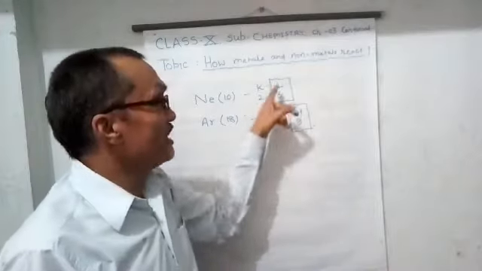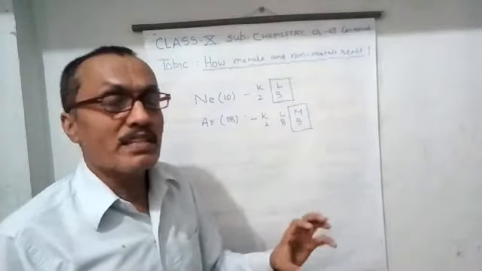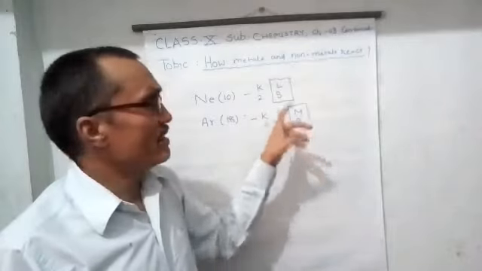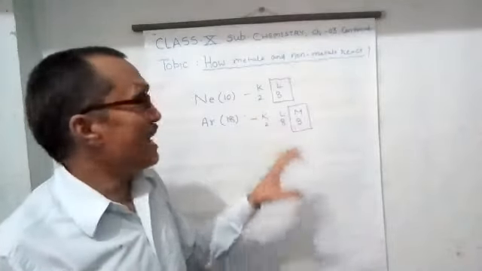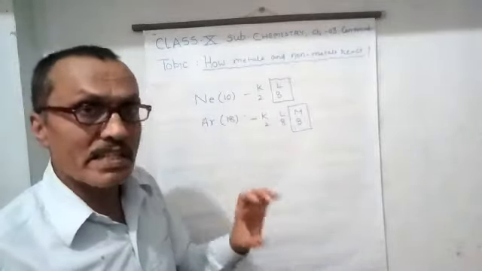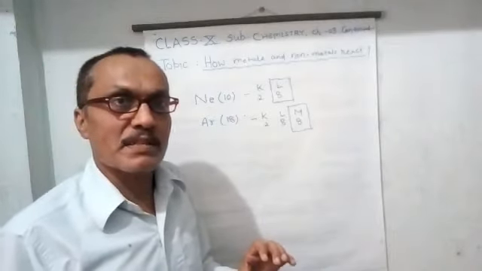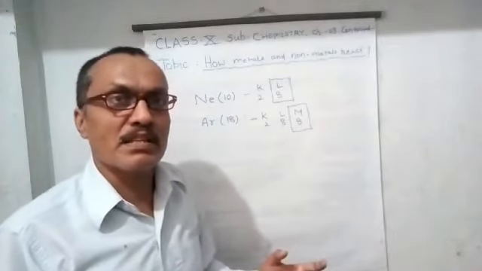That is why they are considered to have a stable electronic configuration, and these elements are said to be noble gases or inert gases.